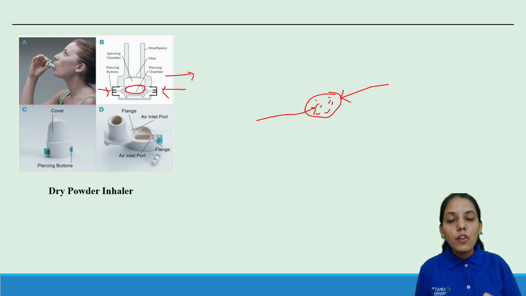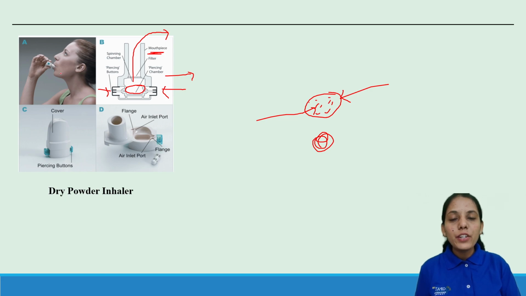After which, because of the inhalation and exhalation process of the patient, the empty capsule will rotate, and because of inhalation, whatever material is there will go inside the patient's mouth. So here it is written as mouthpiece.